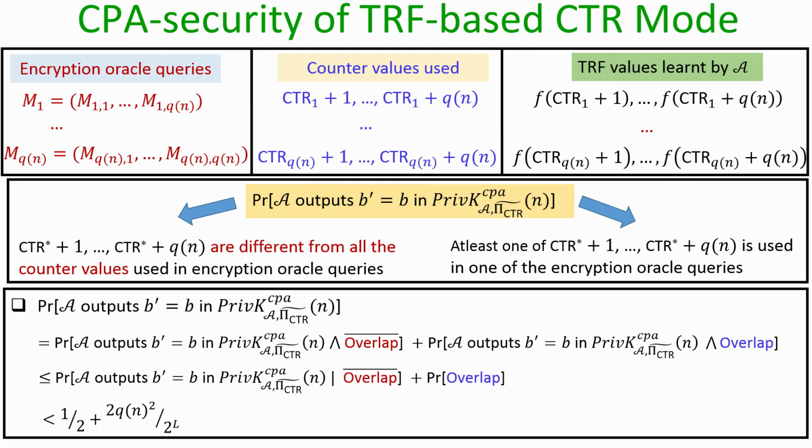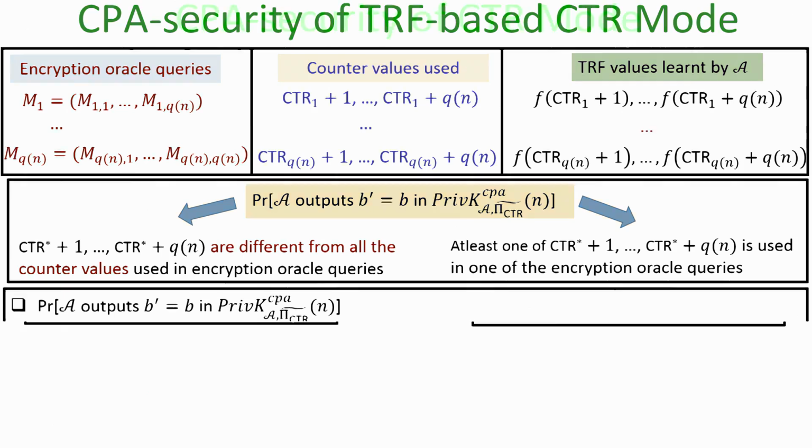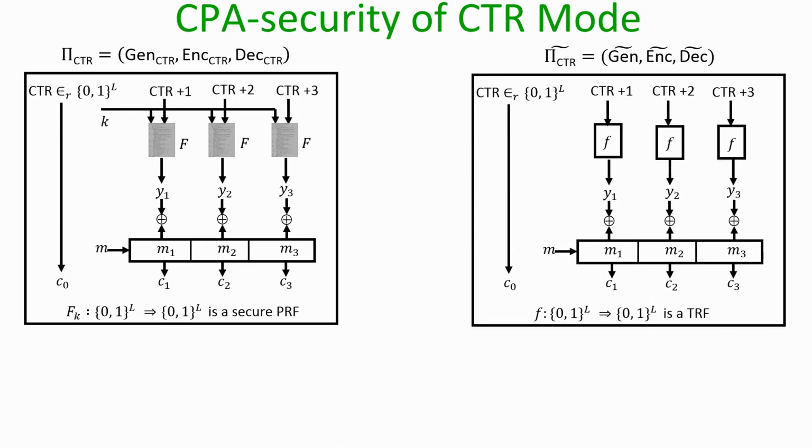The first probability is 1 by 2, because if the event overlap does not occur, then the situation is the same as in the case of q n independent instances of OTP, in which case we know that the probability of the adversary winning the CPA game is 1 by 2, and the probability of overlap we have already computed to be this quantity. So, that is the maximum probability with which our adversary can win the CPA game against a truly random function based CTR mode of operation.